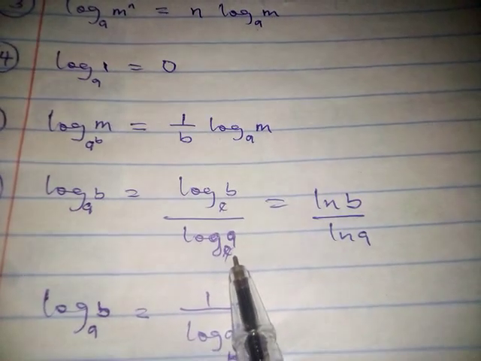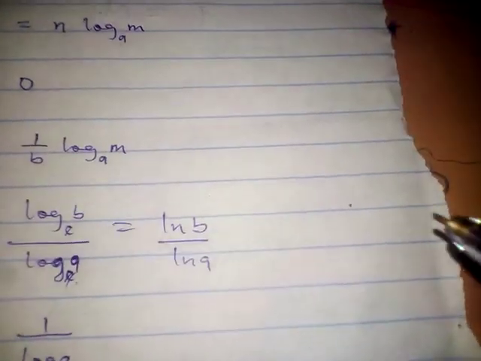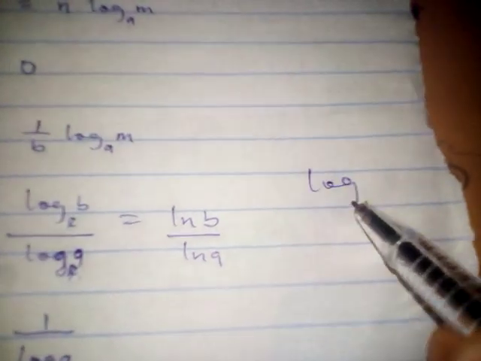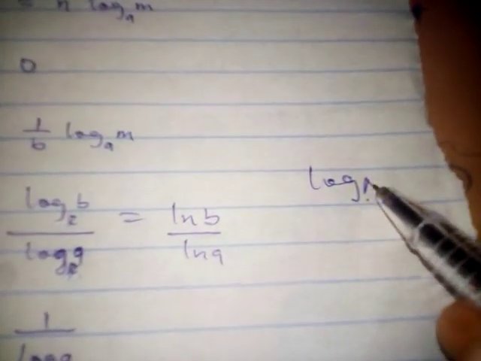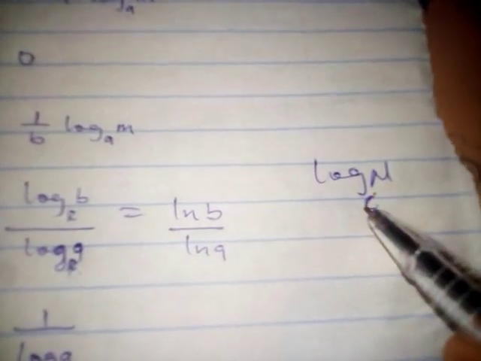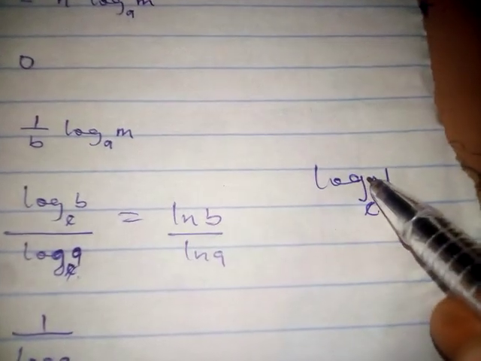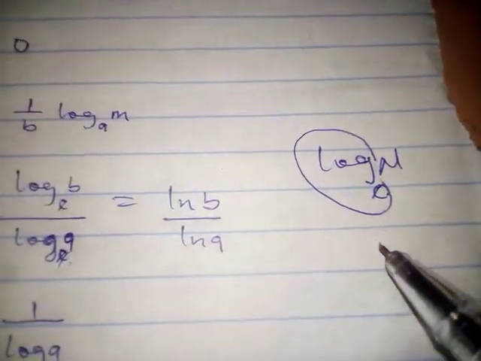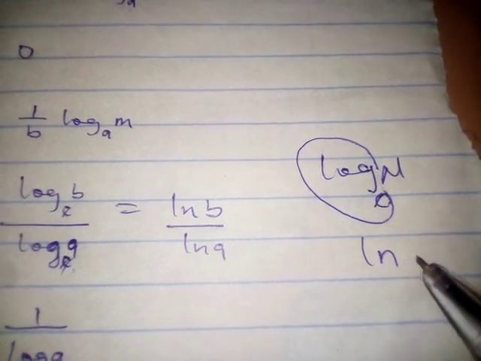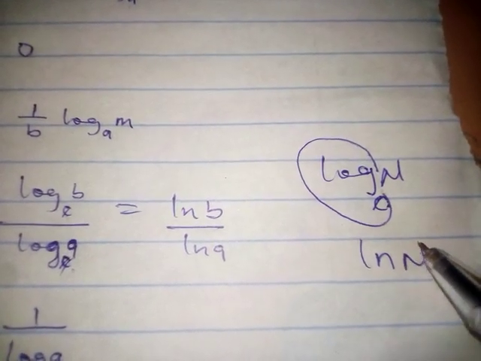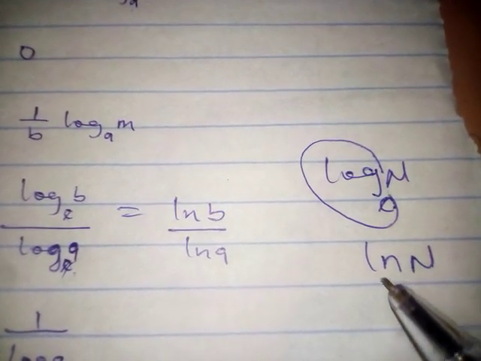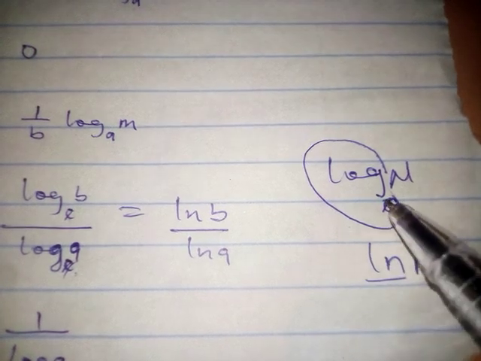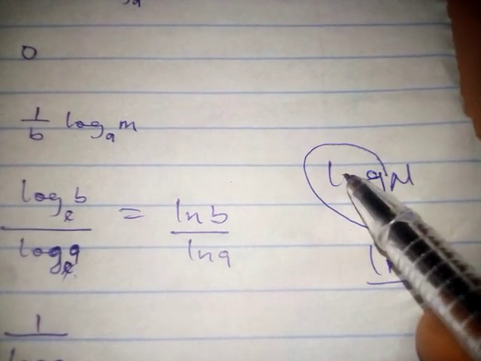So always recall that when we have logarithm of, let's say, n with base e, this is known as ln n.